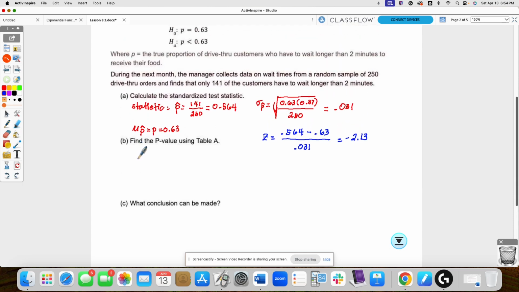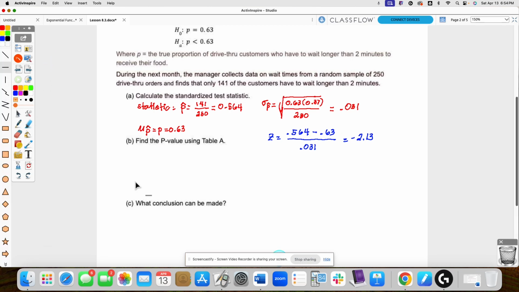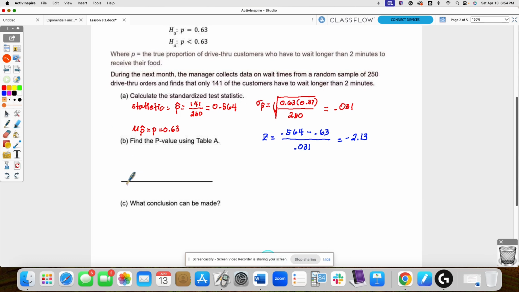Now, we'll find the p-value using table A. Now, what is table A? What does it give us? It gives us the area to the left of the normal curve, right? So let's draw our normal curve here. Okay, so we have our normal curve.